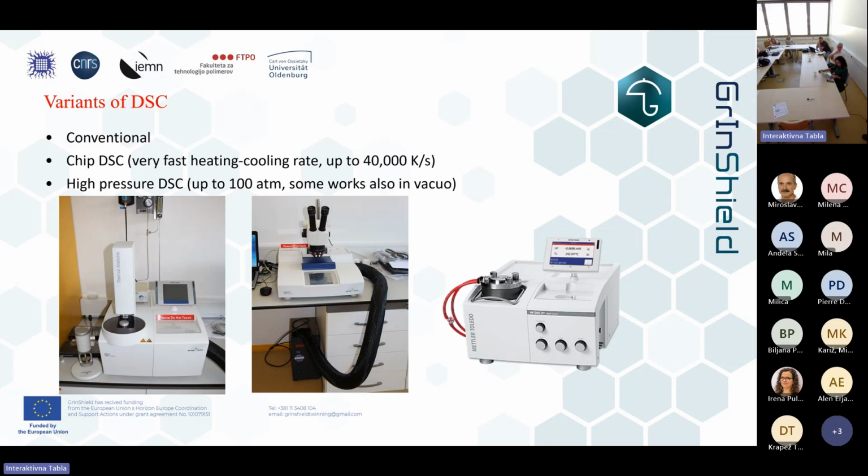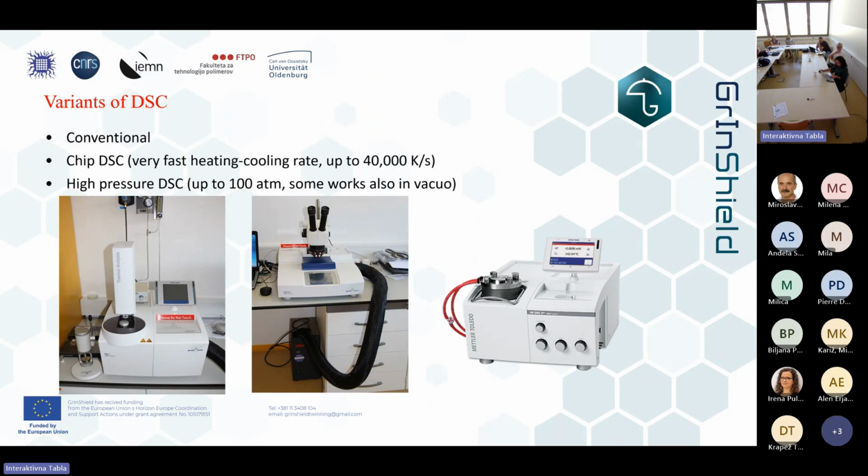There are also variants of DSC. First we have the conventional DSC, which is usually used, and you can see it here on the picture on the left. Then there are new, cheap DSCs which can use very high heating or cooling rates.